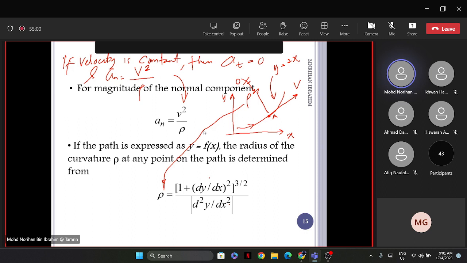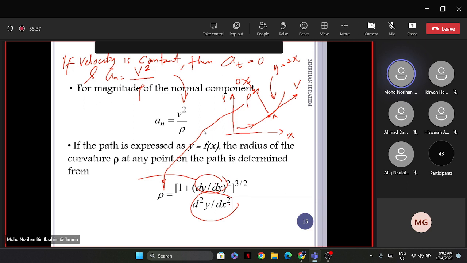So jangan confused with this one and also this one. The first one, dy over dx, is the first process of derivation for the equation of y is equal to f(x), y as a function of x. Bila kita apply this derivative for the equation of y as a function of x, kita guna pakai dy over dx lah, ataupun d over dx of y.